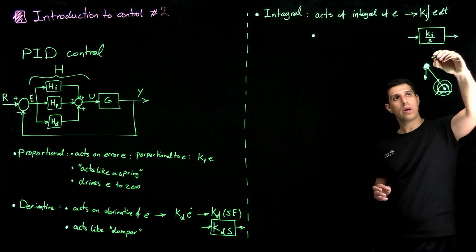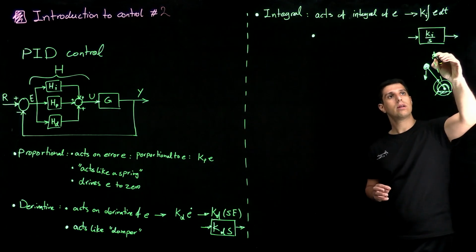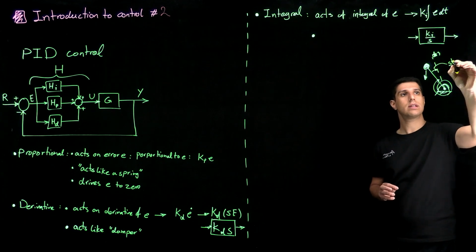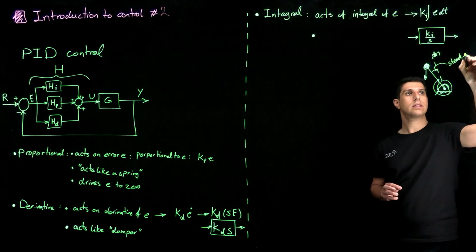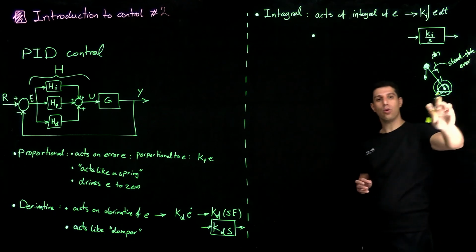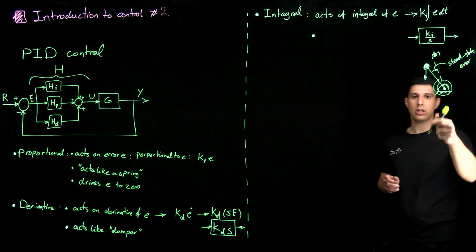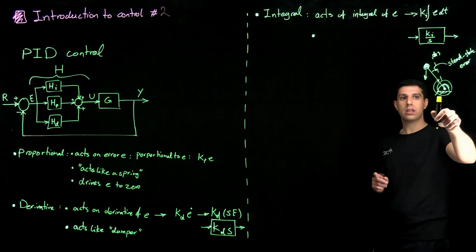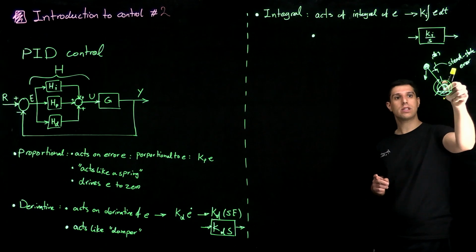So you will always have what is called steady state error if you only have a proportional controller, aka a virtual spring. So this spring cannot get rid of this steady state error.